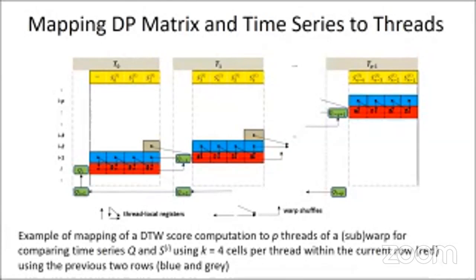To compute the red cells, we need the blue cells of the previous row and also some values of the row before the blue row, which is this gray colored cell. Most of the computation can be done without any communication with thread local registers. And the dotted lines are communication between threads, and this is all done with warp shuffles. The two time series compared are the yellow time series S and the green time series Q. Note that the time series Q also needs to be communicated with warp shuffles in every iteration step.